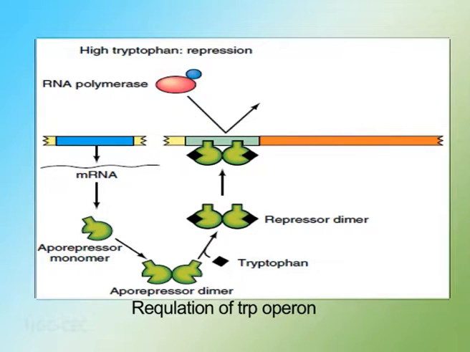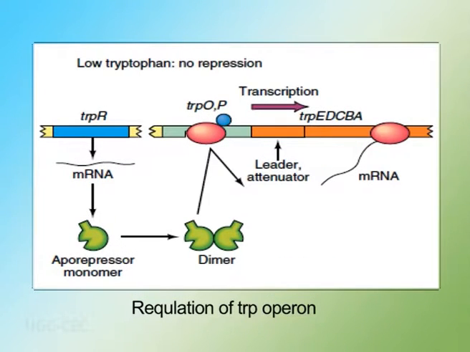It means when there is tryptophan within the cell, we get a functional repressor molecule which binds onto the operator region, and thus the synthesis of structural genes is switched off. But when the cells are really depleted of tryptophan, it means there is no tryptophan and only aporepressor is there.